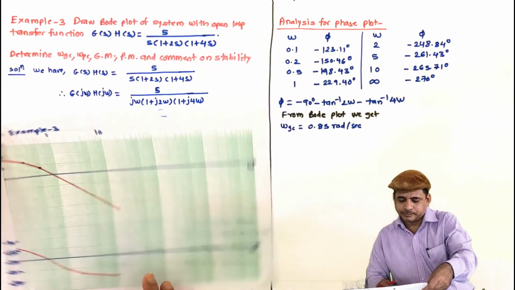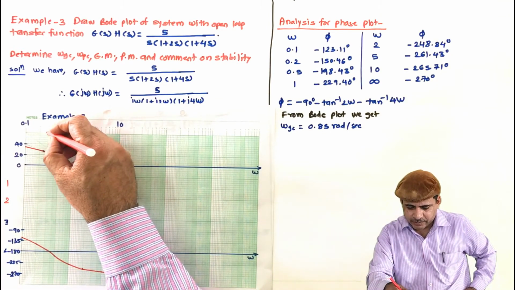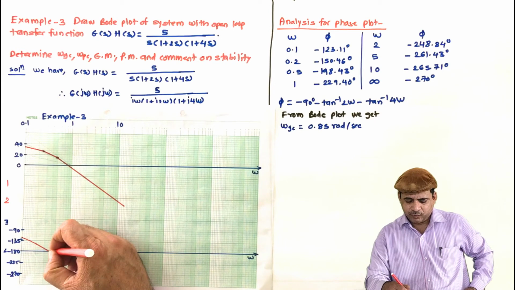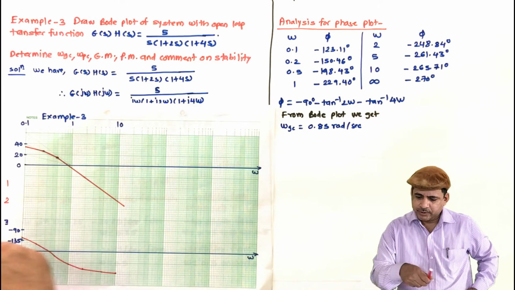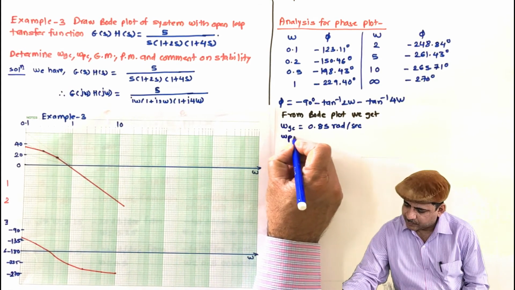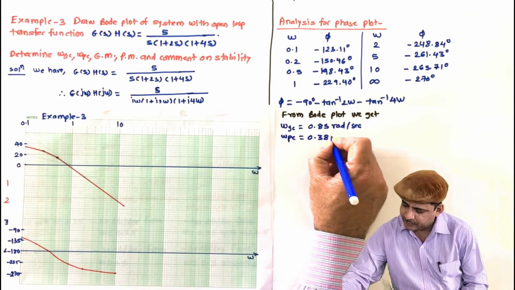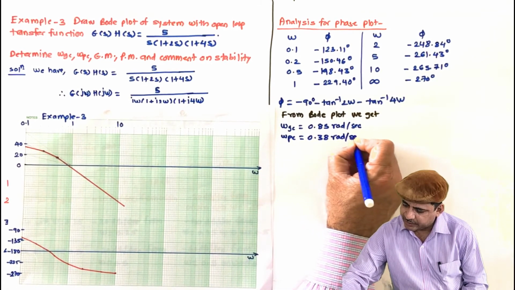So it's over. And let us find out its phase crossover frequency. It is between 0.3 and 0.4, 2 lines before. So omega PC is equal to 0.38 radian per second.